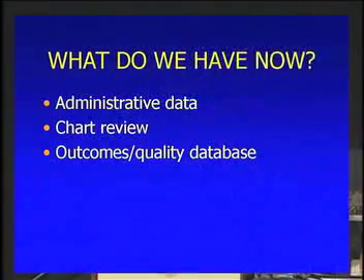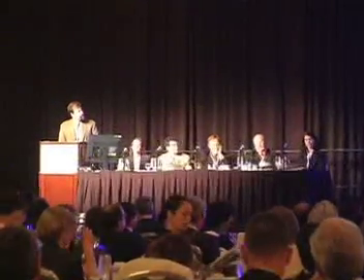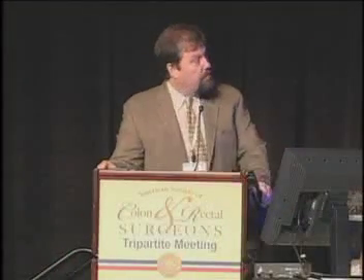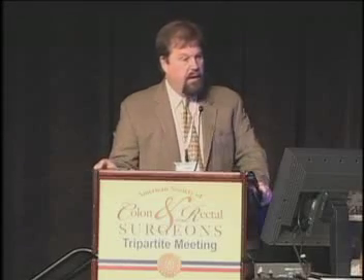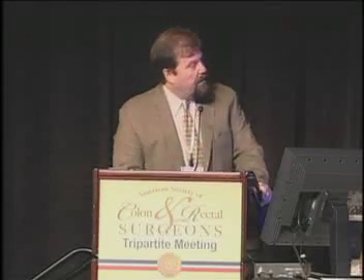So what we have now are common things that are used to assess quality and outcomes: administrative data, chart review, and the collaborative databases. What's nice about the administrative databases is that they are large databases containing tens or hundreds of thousands of patients, and these are the kinds of databases that make those headline conclusions, for example that rectal cancer patients are or are not getting radiation, but they don't really tell you exactly what is responsible for that.